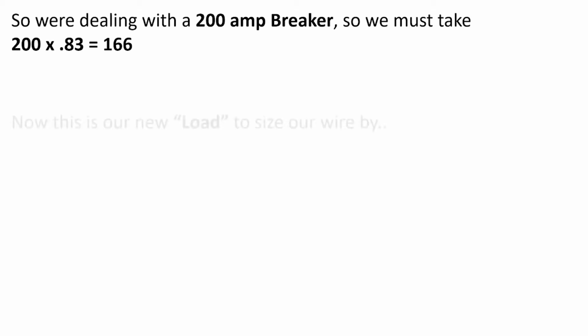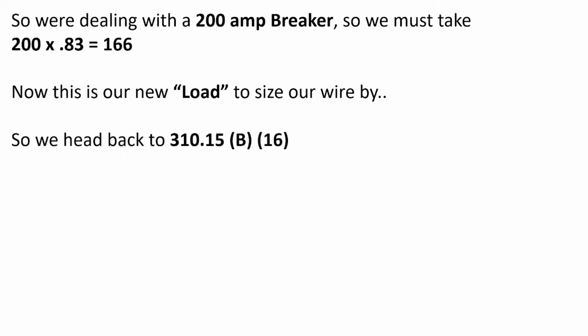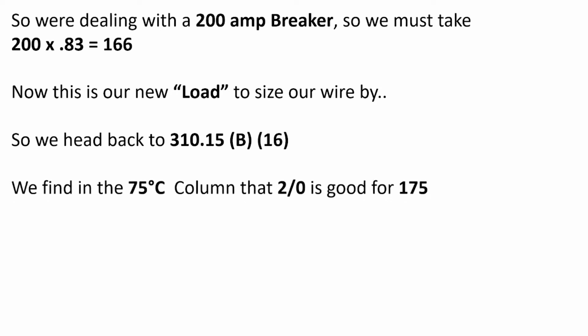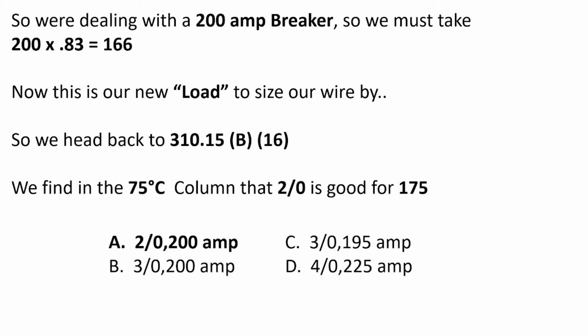That is going to give us a new calculated load of 166 amps, and that's what we size our wire by. So we head back to 310.15(B)(16). And we find that in the 75 degree C column, 2/0 is good for 175 amps. So we make our selection of 2/0 and a 200 amp overcurrent device.